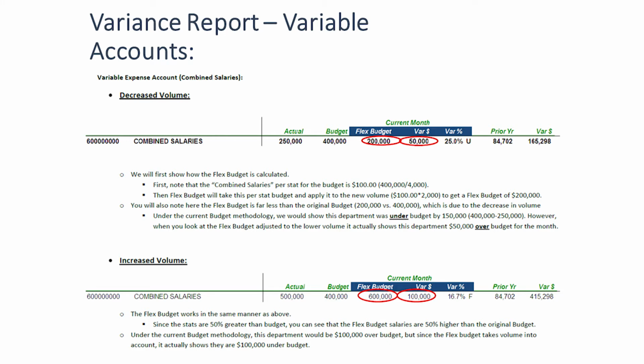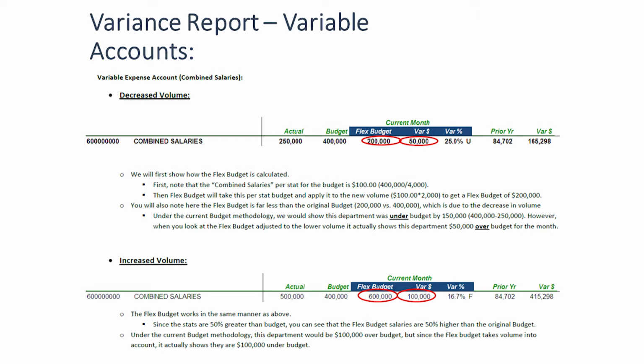So a fixed account in the flex budget would still remain the same as the budget. A great example of that is a maintenance contract. If you have a piece of equipment that you pay a vendor to maintain, then you typically pay a certain amount each month, regardless of if you need maintenance on that piece of equipment or not.